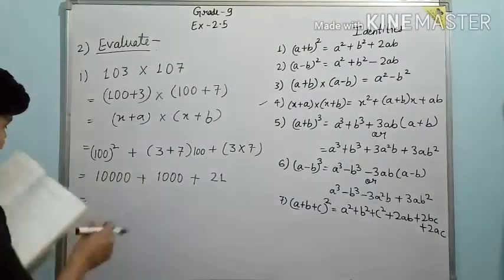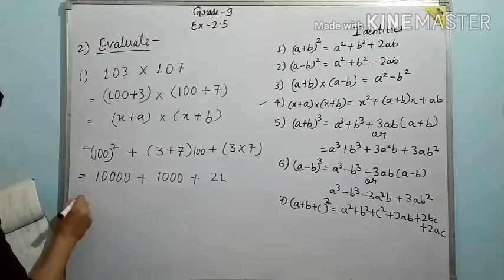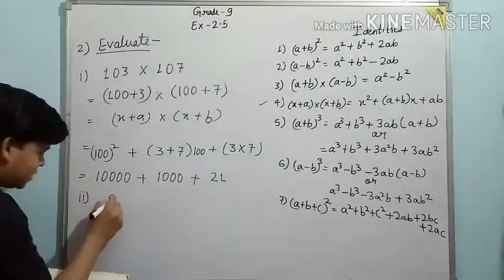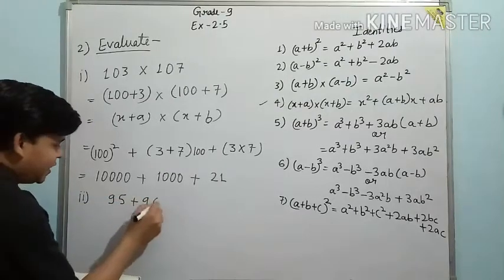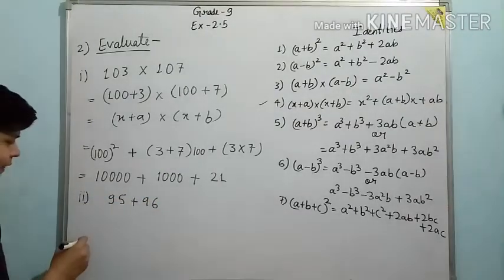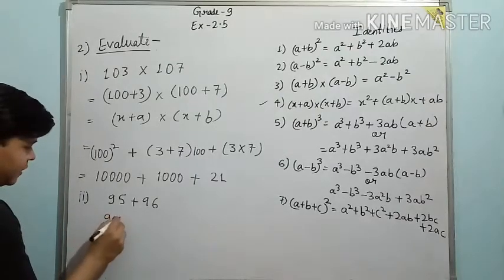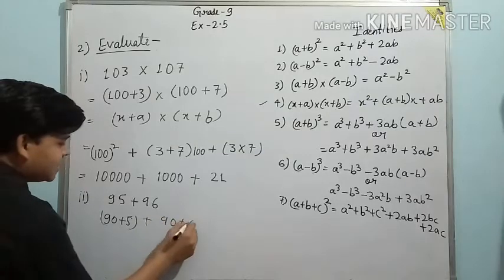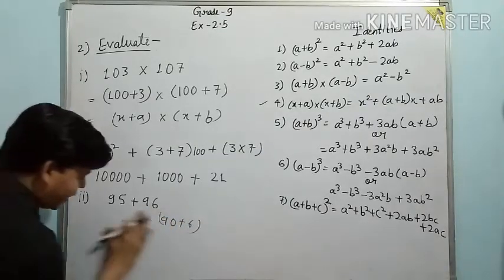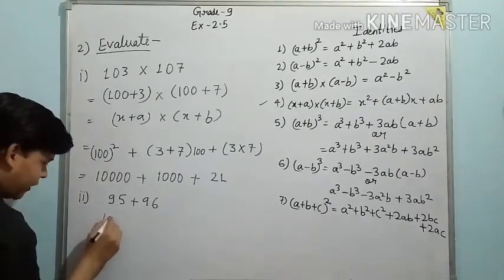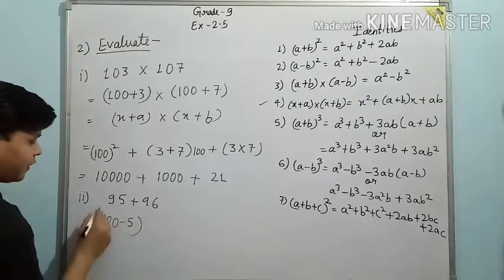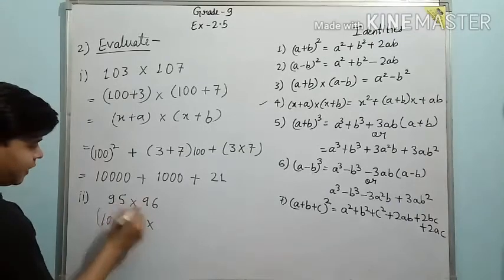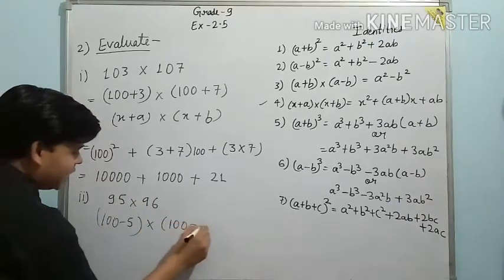Similarly, now next I am just telling you how to break the numbers. This you all can add, right? Similarly, next one is 95 multiply 96. So here you can write as 90 plus 5 multiply 90 plus 6, or you can write here 100 minus 5 multiply, and here 100 minus 4.